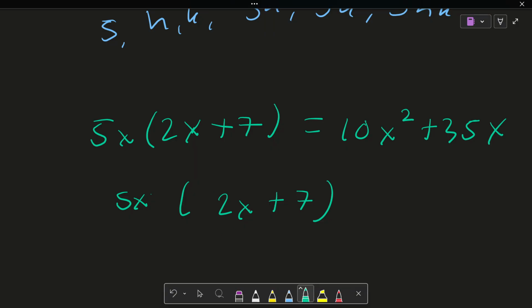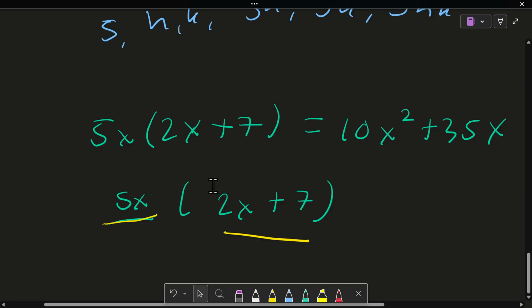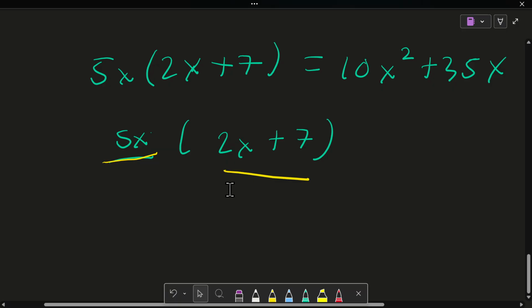Okay, these are the factors. These are two factors, 5x and 2x plus 7, the factorization.